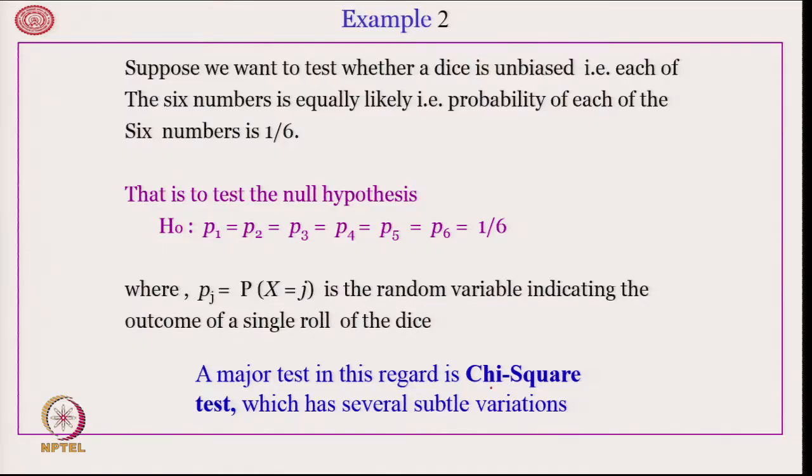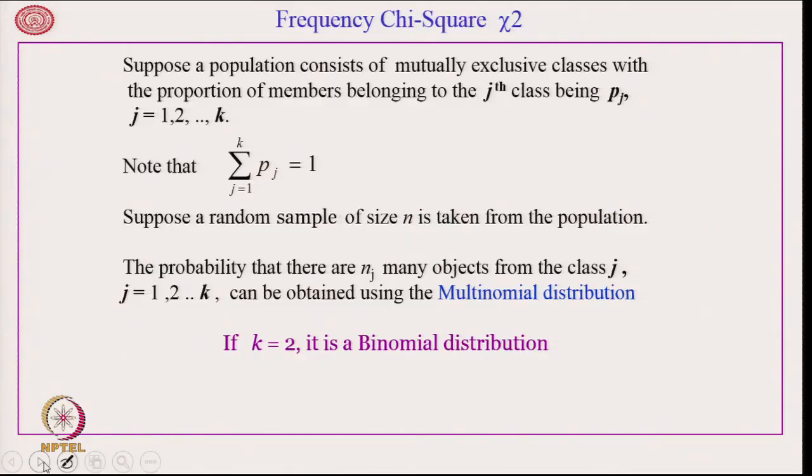The major test in this regard is the chi-square test, which has several subtle variations, but we shall study the basic chi-square test today. So, the idea of the frequency chi-square is like this. Suppose a population consists of mutually exclusive classes, with the proportion of members belonging to the jth class being pj.